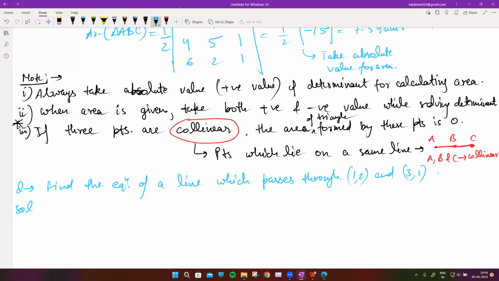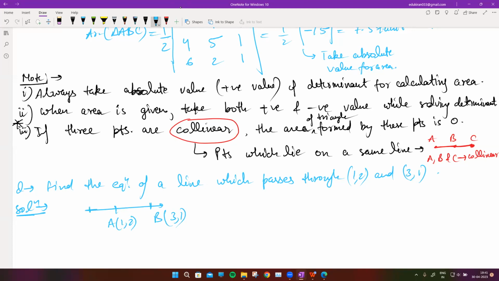Now, how to solve this type of question? So what we will do is we will consider a third point. Now we want to find out the equation of the line. So let's say this is a line where one point is A (1, 2) and another point is B (3, 1). We need to find the equation of this line.